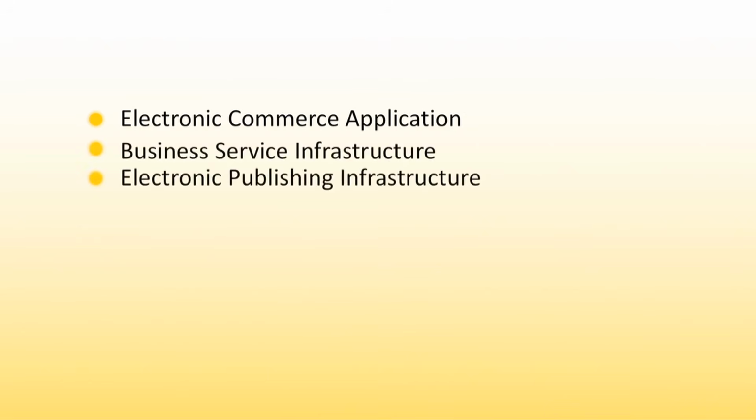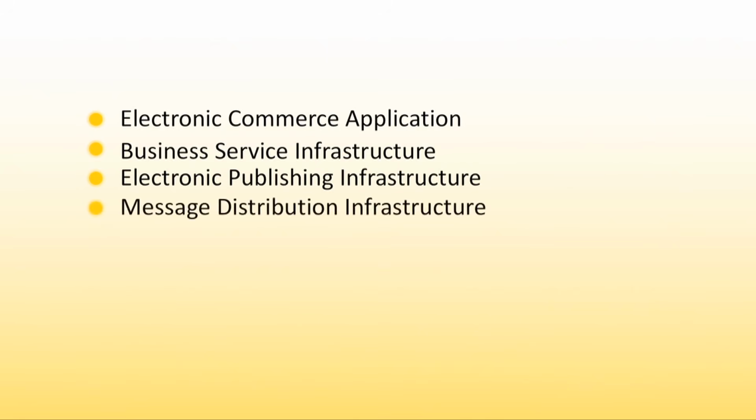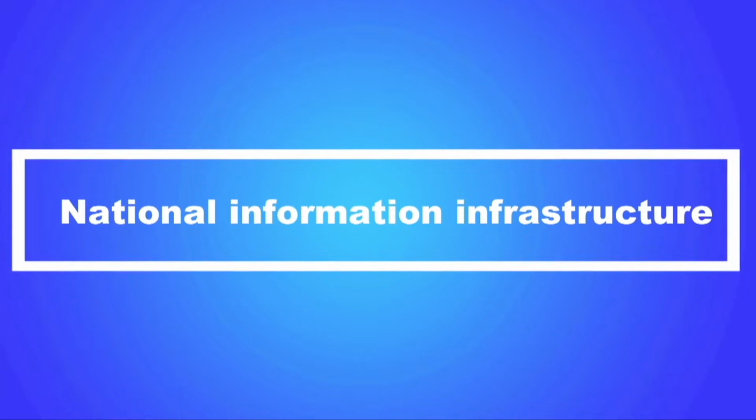Each layer has its base on the layer below it and cannot function without it. The layers can be listed out as follows: electronic commerce applications, business service infrastructure, electronic publishing infrastructure, message distribution infrastructure and national information infrastructure.